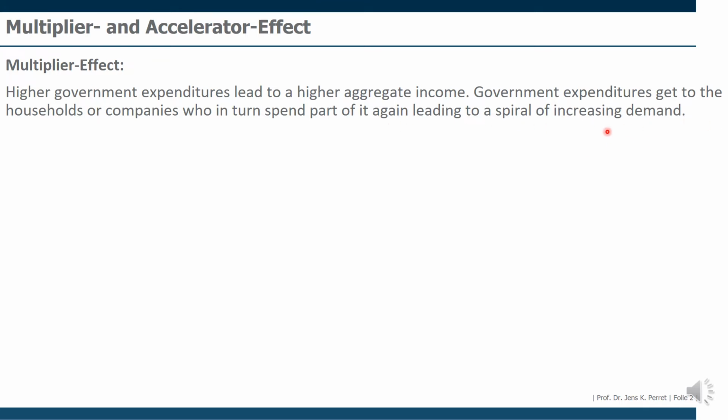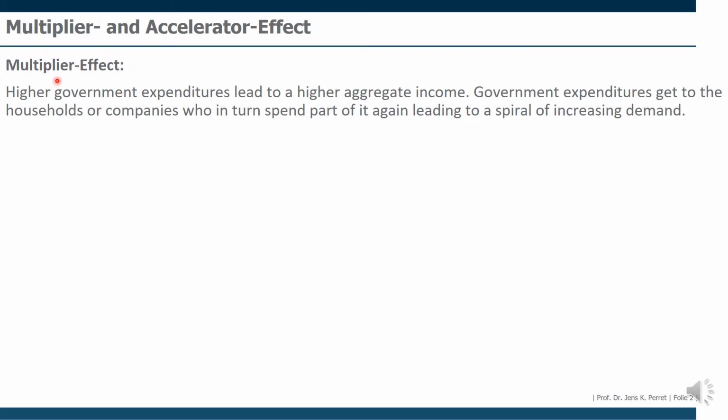It's decreasing with each cycle, but if we consider the multiplier effect as a whole, it's simply the overall effect after this spiral has come to an end, after there are no visible effects anymore. So it's basically the sum of all multiplier effects combined.